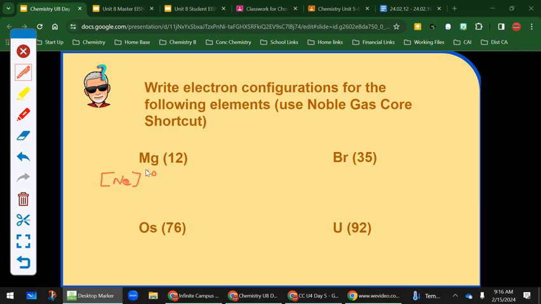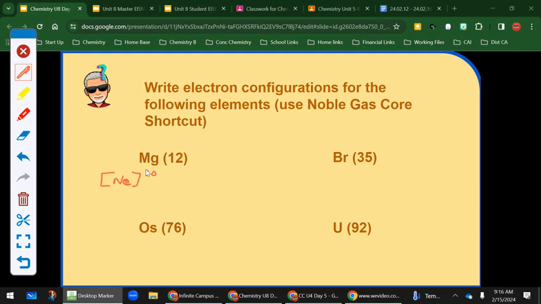And now you go and you write in the row that the element is in all of the configuration that is necessary. So if you only need to do the S's part, that's all you do. If you need to do the S's and the P's, that's what you do. If it's in the fourth or fifth, you might have to have S's, D's, and P's.